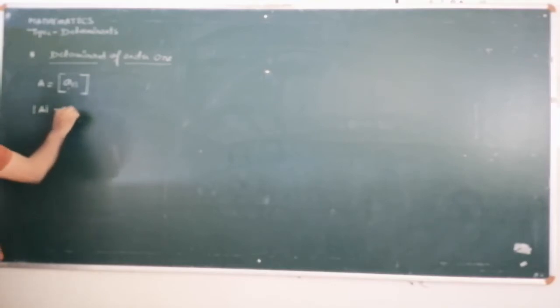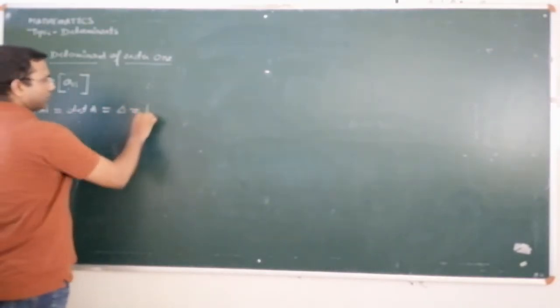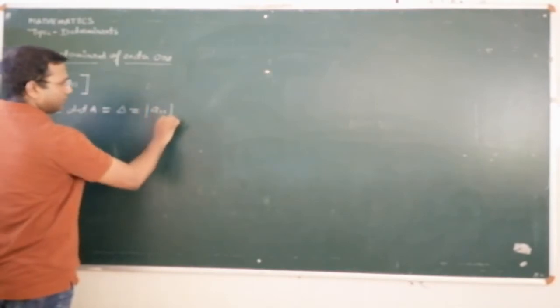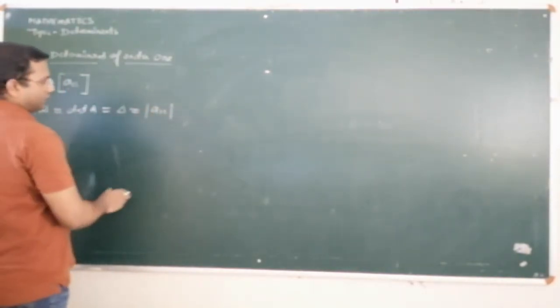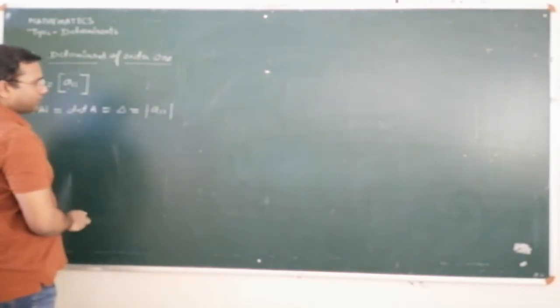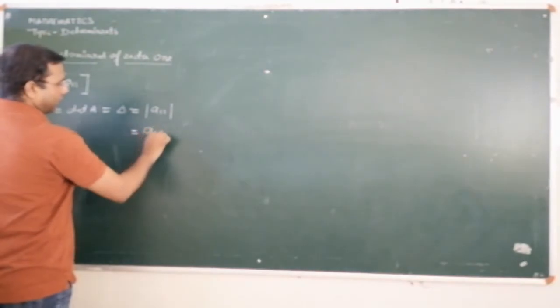In the form of the determinant we can write determinant A, or we can also represent it by this symbol. This is equal to A11 between two parallel lines. These are vertical parallel lines, and the value of this determinant is A11 only.